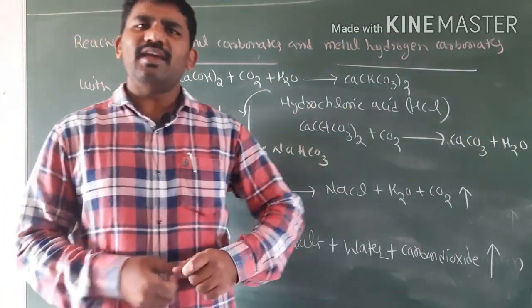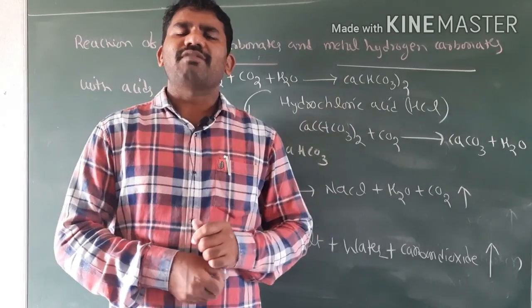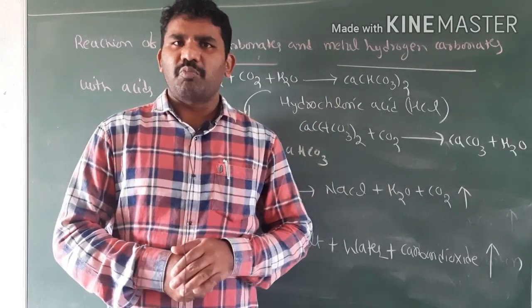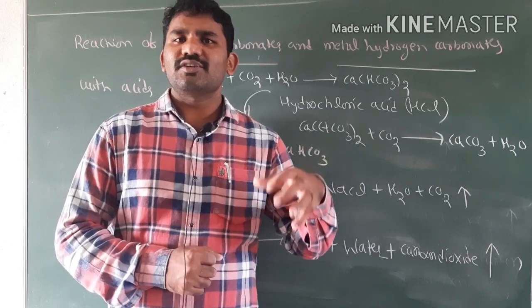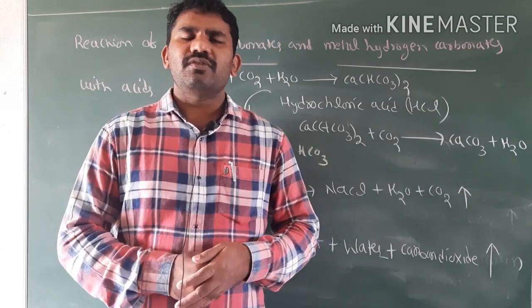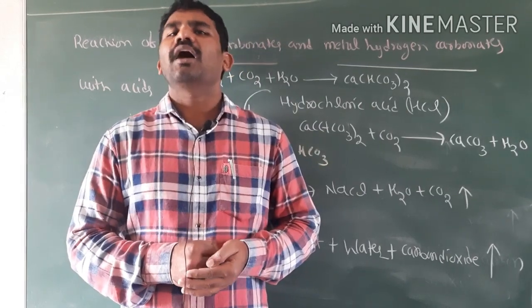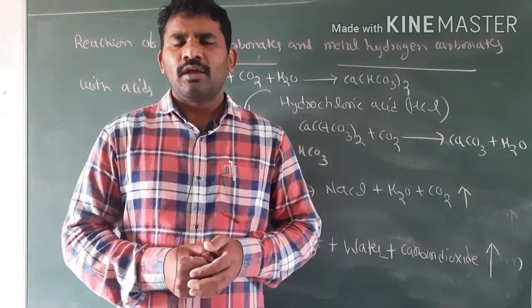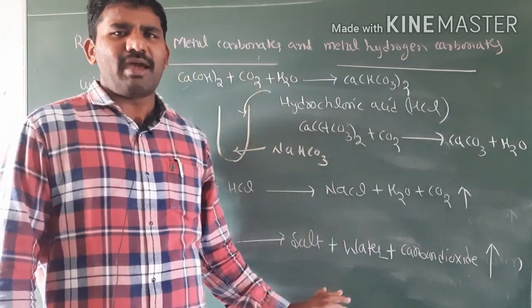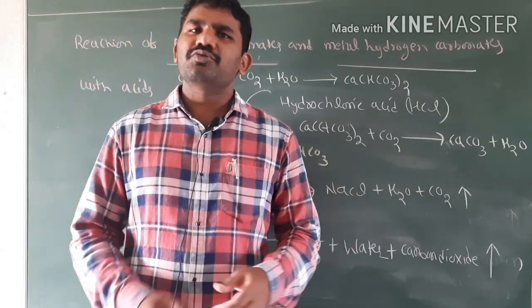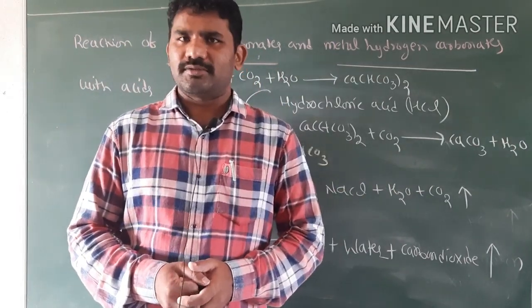This is the reason why walls after painting with lime or whitewash turn white in color, because of absorption of carbon dioxide which is present in the atmosphere. Now let us try to perform the same activity in our lab by using suitable chemicals.